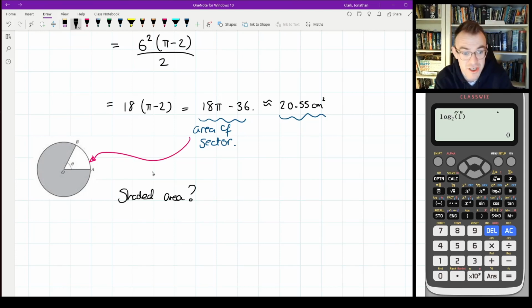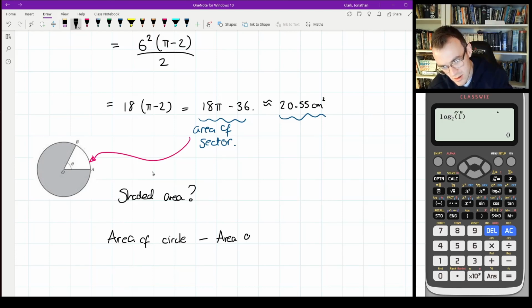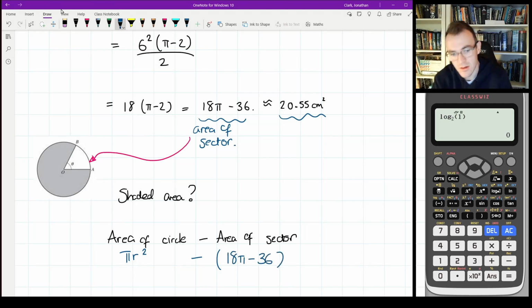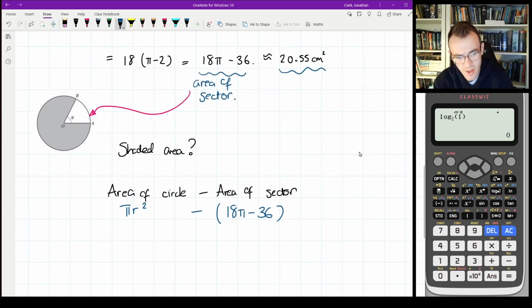So to get that shaded area, I don't have to do too much more work, but I just need to realize, okay, it's the area of the entire circle, take away the area of the sector. So the area of the circle is going to be pi r squared, and then I'm taking away the area of the sector, which I've worked out already. So in this question, pi stays the same.